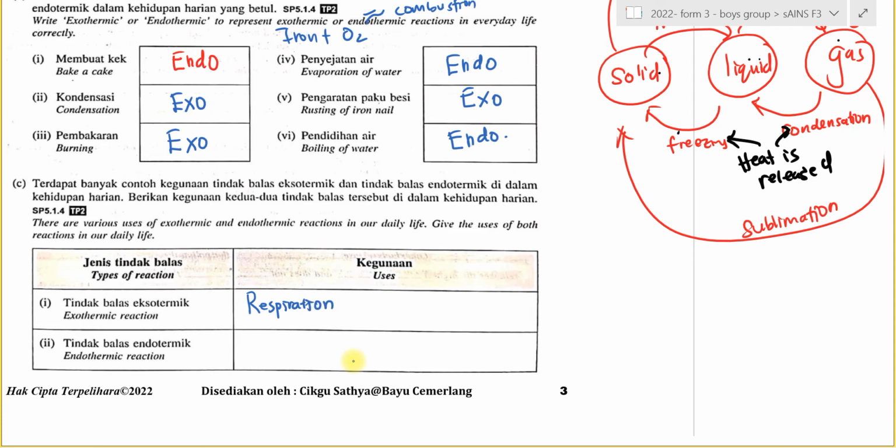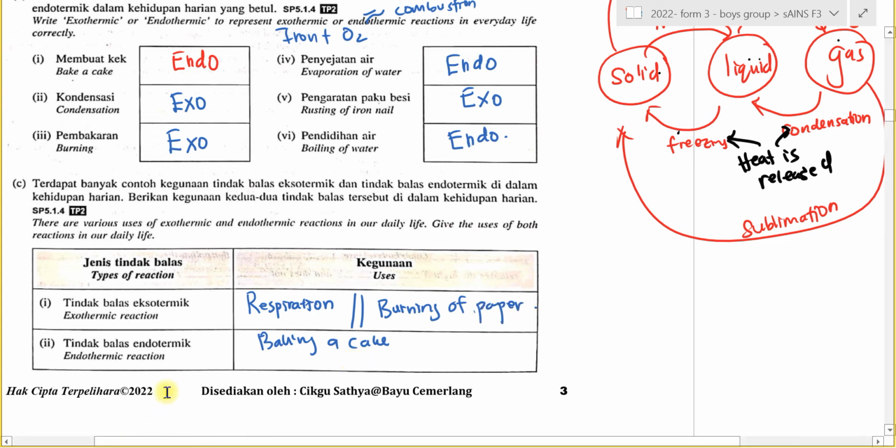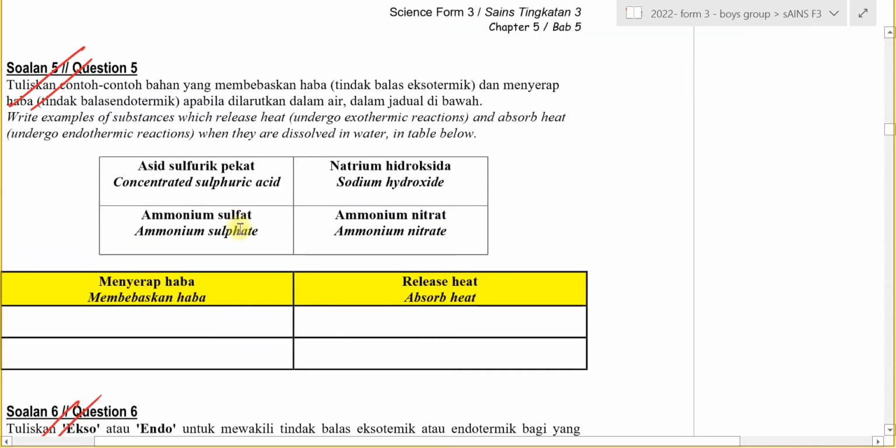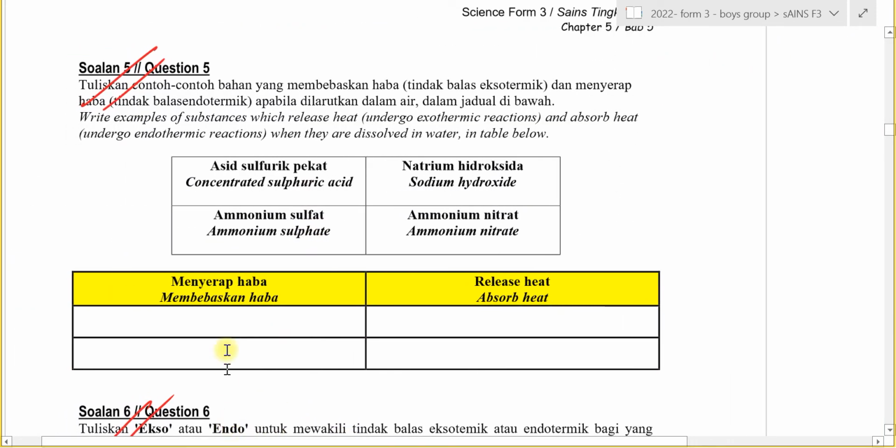Endothermic reaction is cake baking. Okay, baking a cake. Another example for exothermic, you can also tell burning of paper or fire, firework, burning of paper. Okay, right. Thank you. Next, question 5. Ishwar.